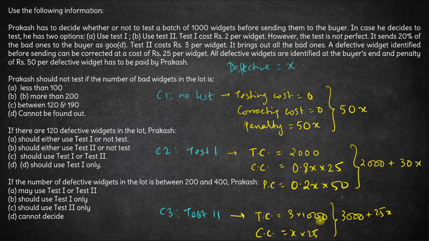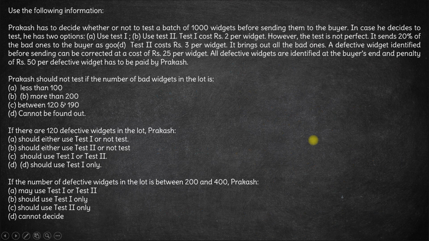There will be no penalty here, because the test is detecting all the defective widgets, all of them will be corrected and none of the defective widgets will be sent to the customer, right? So this is the total cost for no test, test 1 and test 2. I'll erase this now and write down the costs properly.